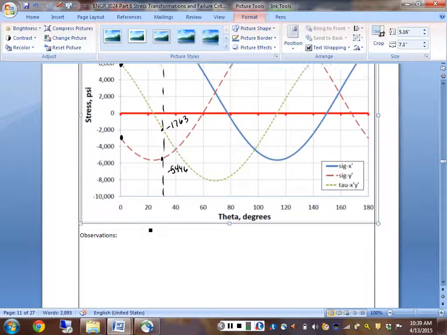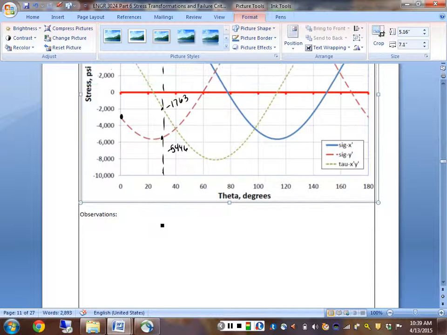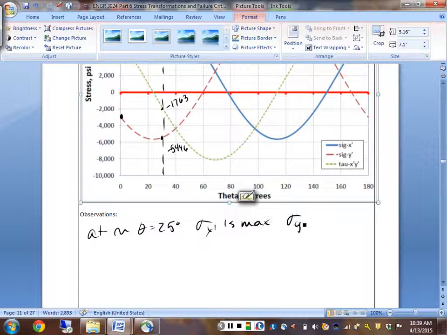So, what are the things that we see that are notable? At about theta equals 25 degrees, sigma x prime is max, and sigma y prime is min. We've already discussed that. Then what happens at 90 degrees beyond that? At 25 plus 90, they swap.